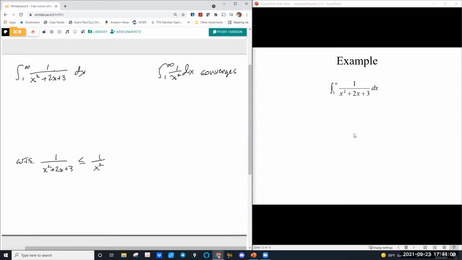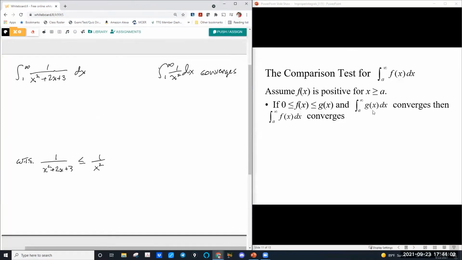We're using this part of the comparison test. This is our G, this is our F. This is the part we have to show, but we know this, we computed it earlier. If I can show this, then I know that this thing must be convergent.